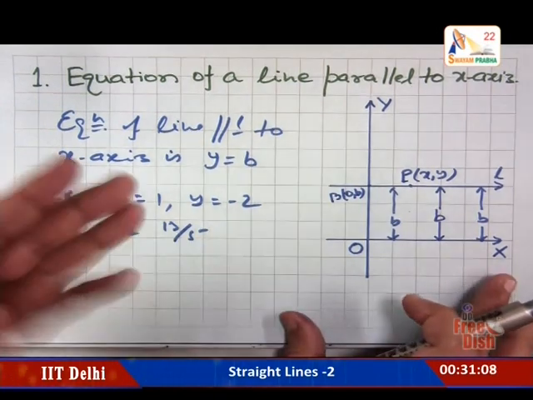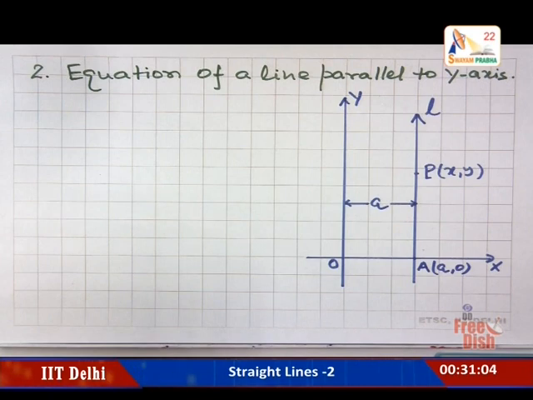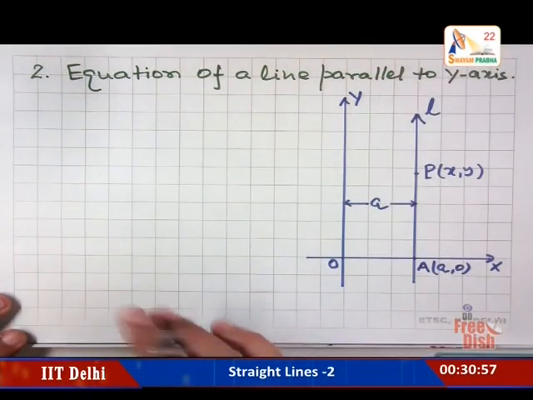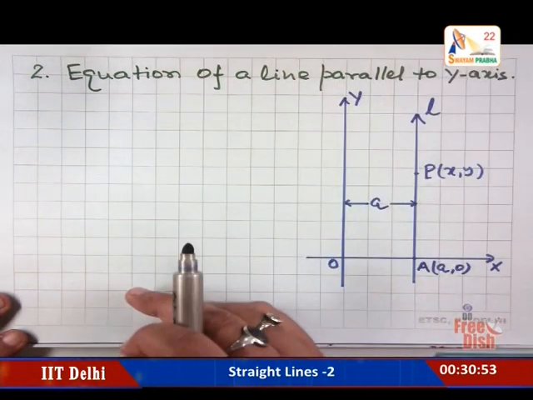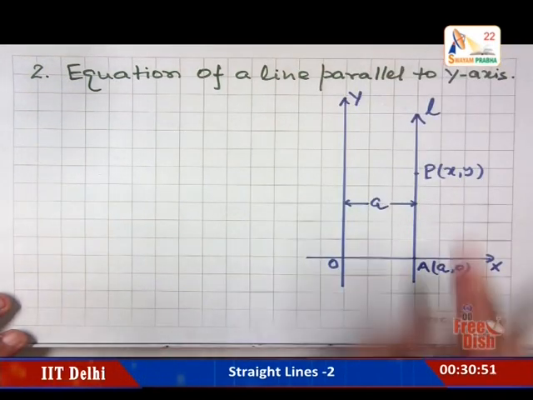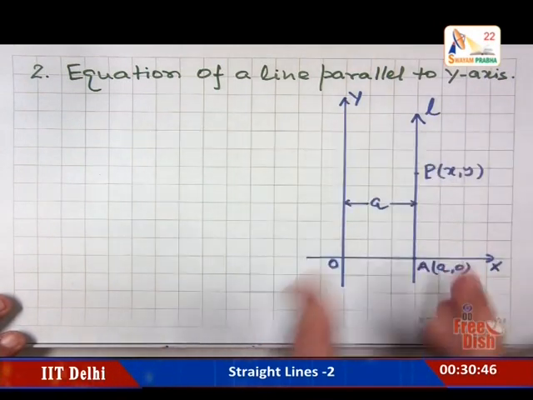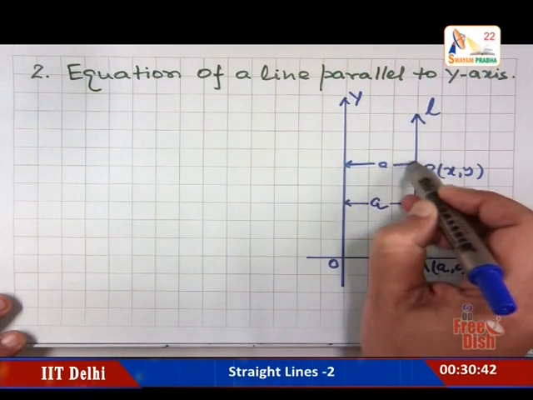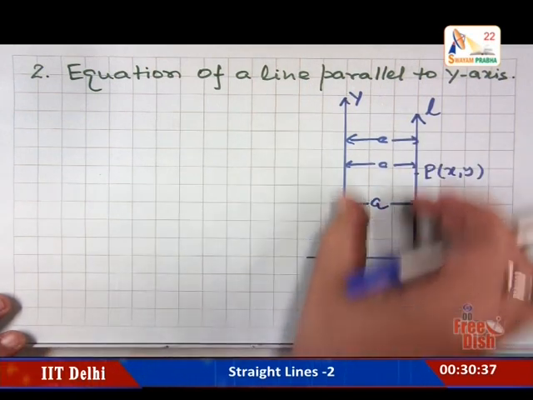Similarly, we must have a line which is parallel to the y-axis. So here the situation is again the x-axis, the y-axis, and this line L is parallel to the y-axis. Again this is the locus of a point P(x, y) which moves in such a way that the distance between this line and the y-axis is always constant, that is, this is also a. So this distance is always fixed.